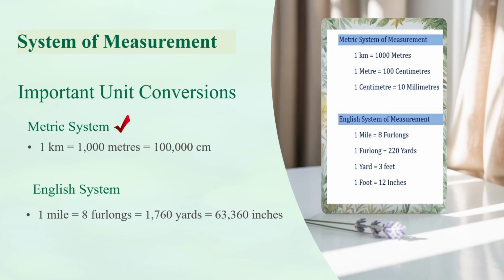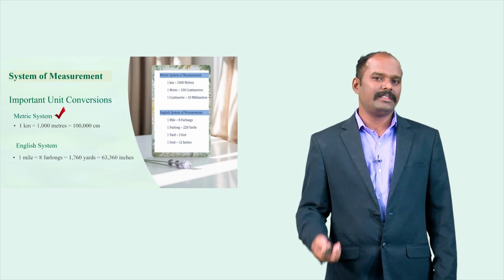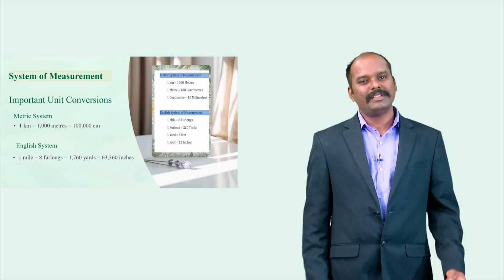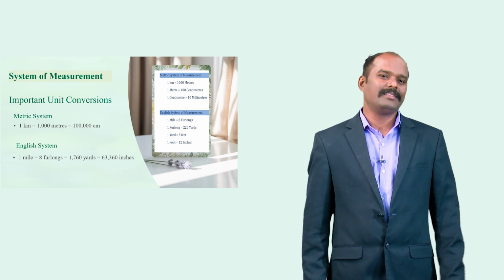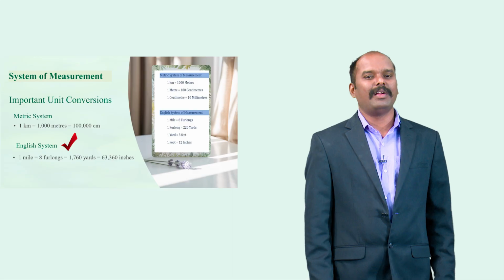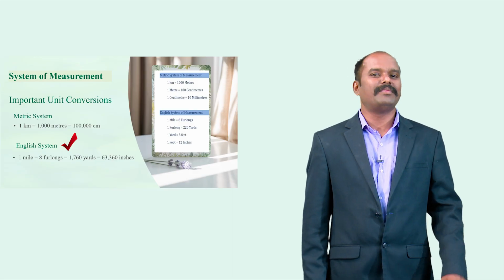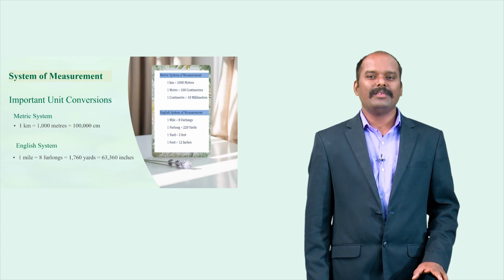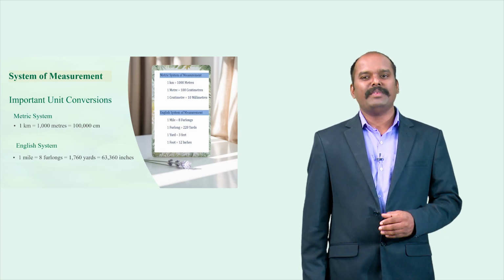The British people usually follow the metric system. We also follow the metric system, but some 40 or 50 years earlier, the same British cartographers followed the English system of conversion. The English system is the values starting from inches to mile.